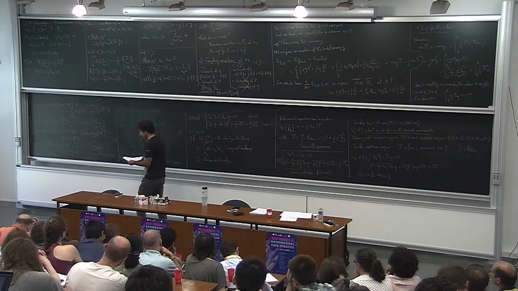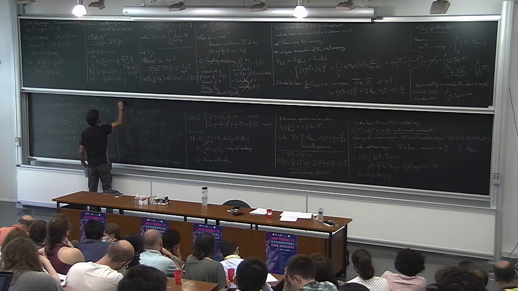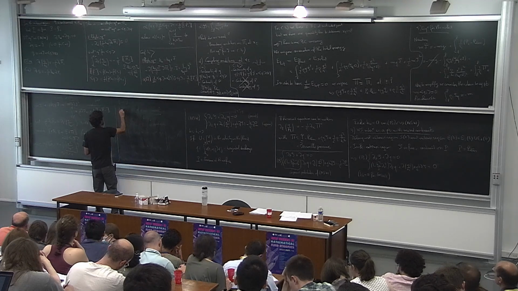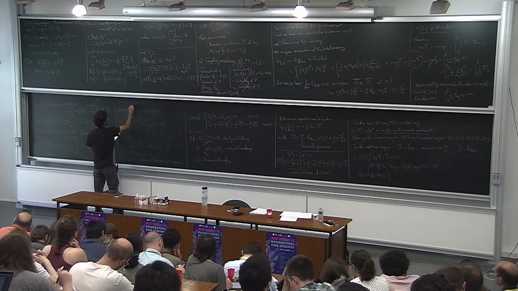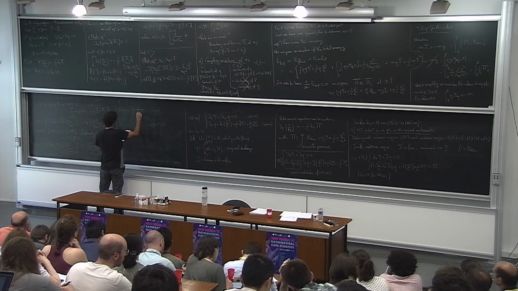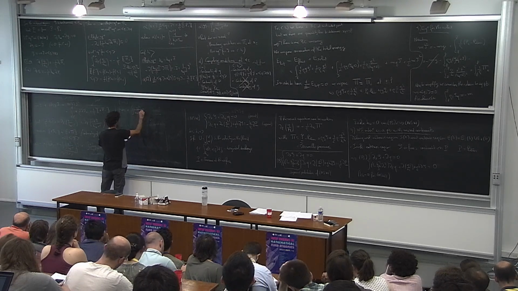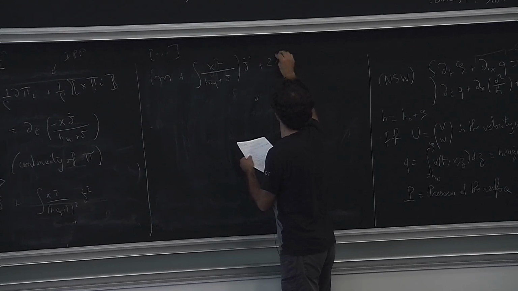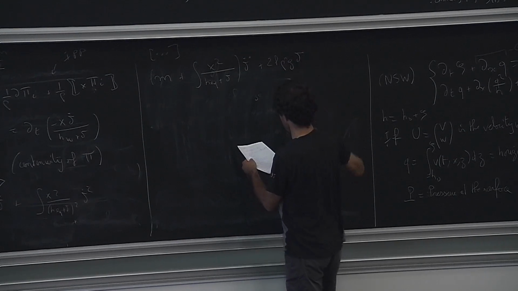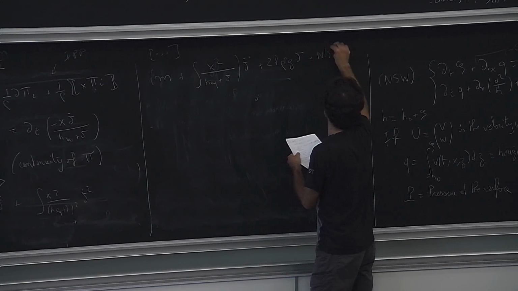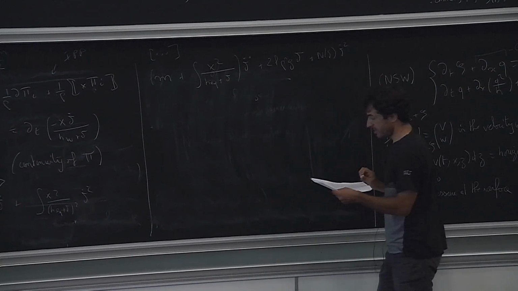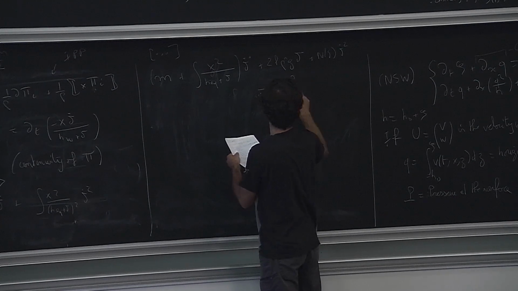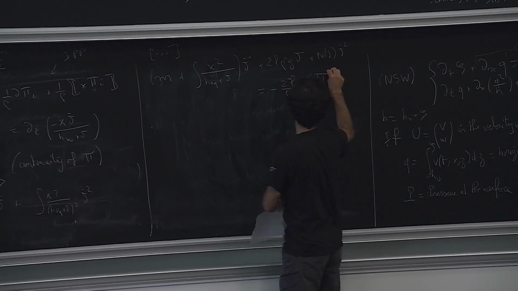rewrite the equations. So in the end, there's some small computation, but not difficult at all, that you can rewrite the equation as m plus the integral of x squared over h(x) plus delta, times delta dot dot, plus 2L rho g delta plus a nonlinear function times delta square, is equal to minus 2L over rho times the average of pi.